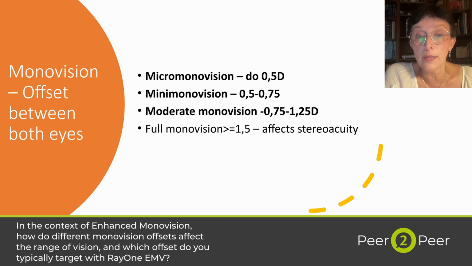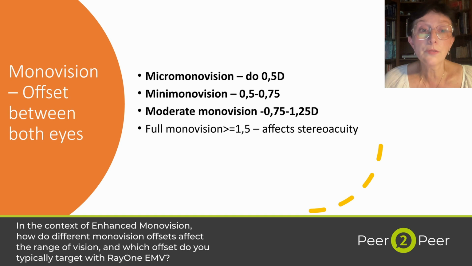And this difference allows the patient to keep stereo acuity, but by utilizing both eyes, this patient can see better for far and intermediate vision, and for near vision, they need just less addition.